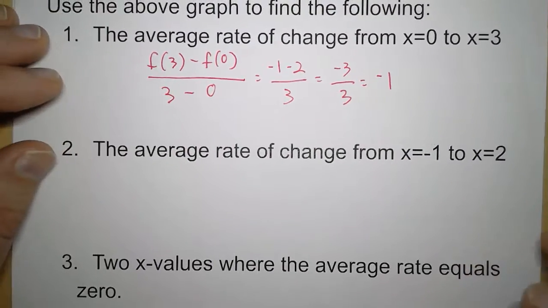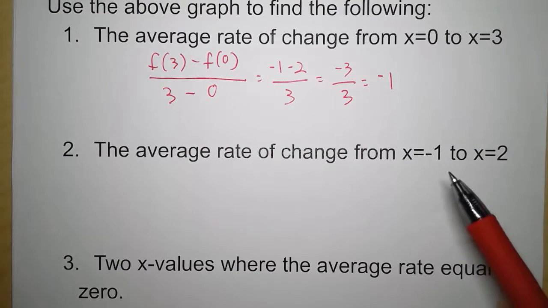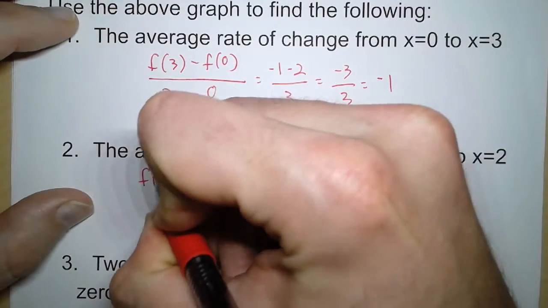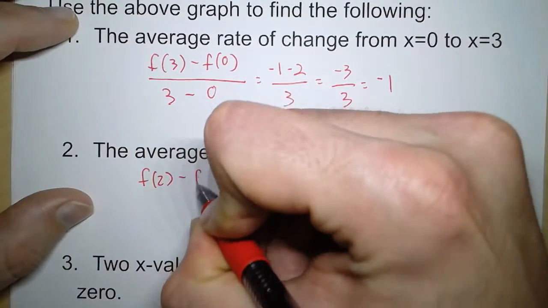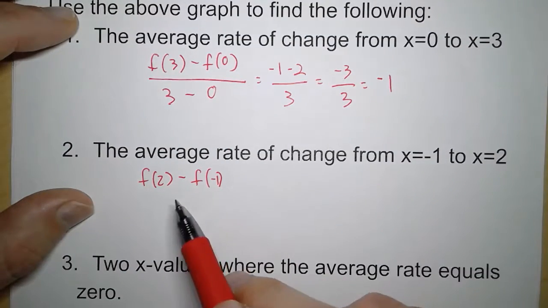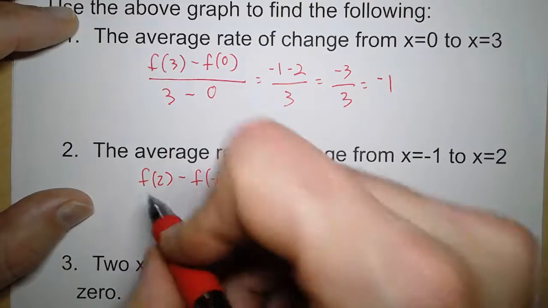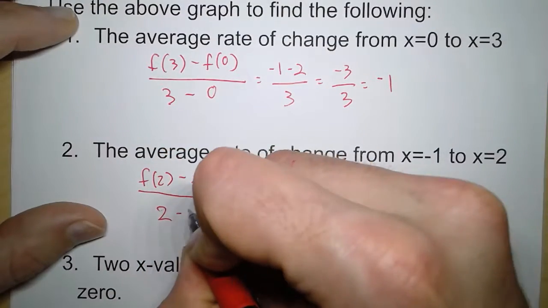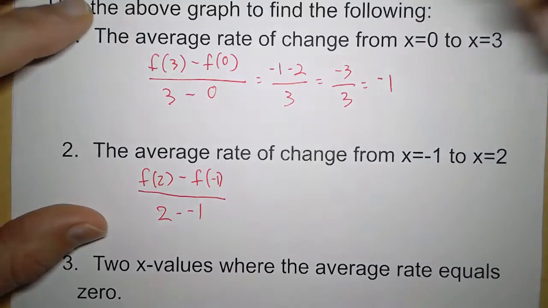Looking on to number 2, we want the average rate of change from negative 1 to 2. So we set it up, f of 2 minus f of negative 1. Another way you might have learned it in algebra is this is the rise, f of 2 minus f of negative 1, and then 2 minus negative 1 would be the run.